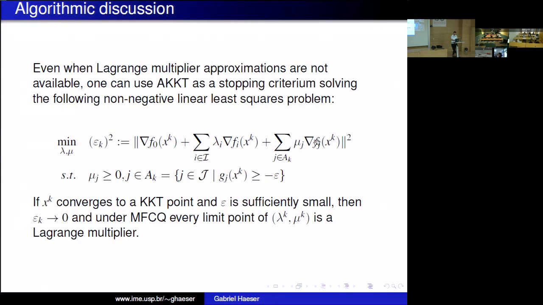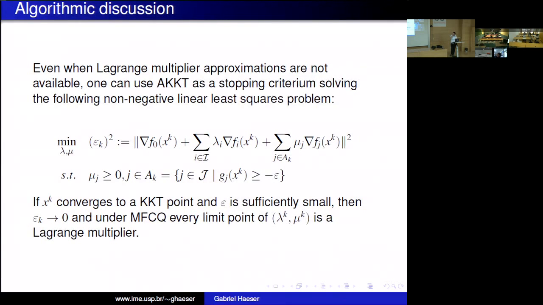So this function is linear in lambda and mu, and when you compute squares, you have a linear least squares problem. The constraints you can simply remove. You can look a priori which of these constraints are in this set. You can build this set before solving the problem, and you can then compute this objective function.